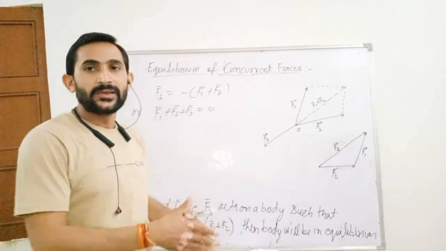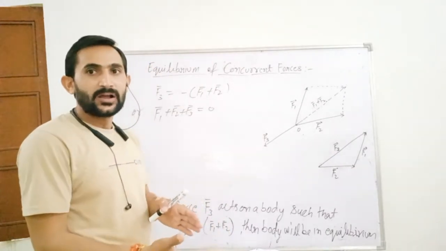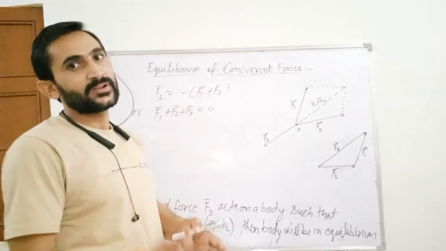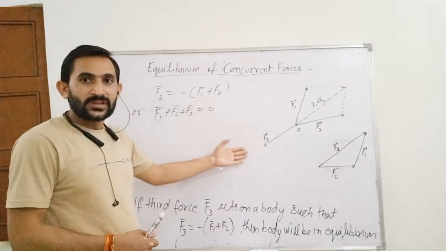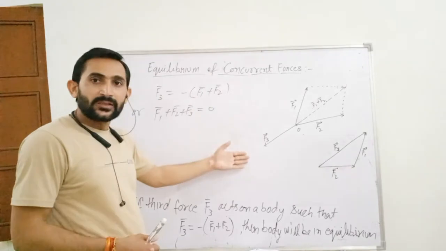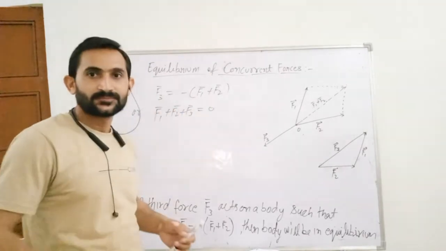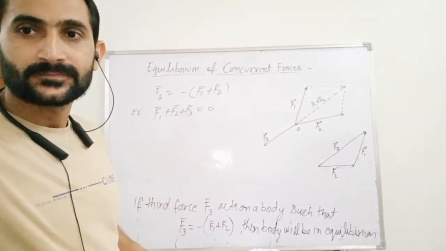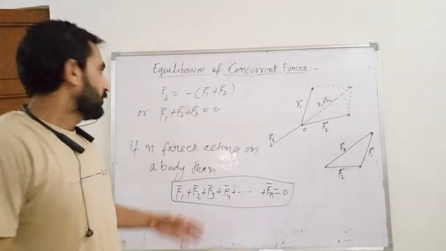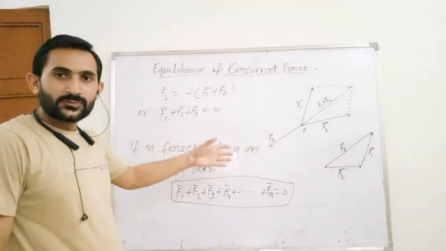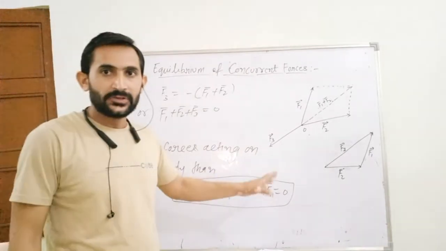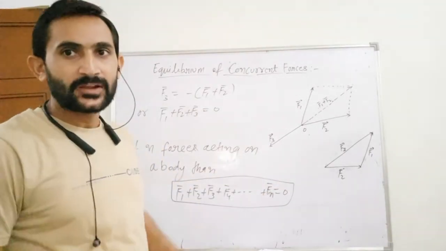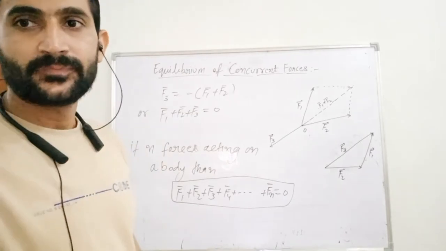It will remain in that condition, either at rest or in uniform motion, and the body will be in equilibrium. If n forces are acting on a body, students, then the total vector sum of the forces will be equal to 0 and the body is said to be in equilibrium.